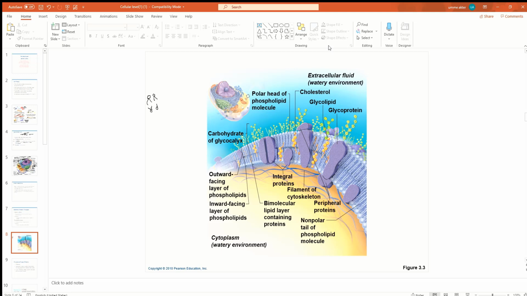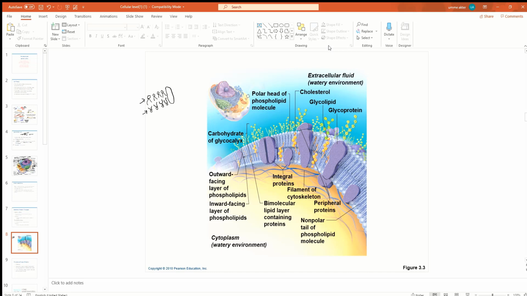So the phospholipid units form two layers. This is one layer of phospholipids, this is another layer. That's why it is called a phospholipid bilayer, and in that phospholipid bilayer you will see the protein structures.